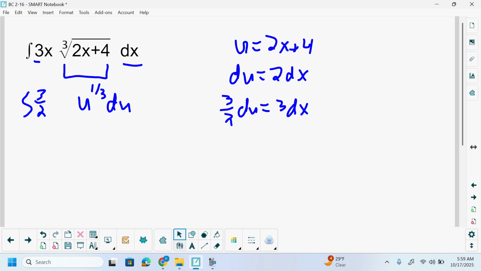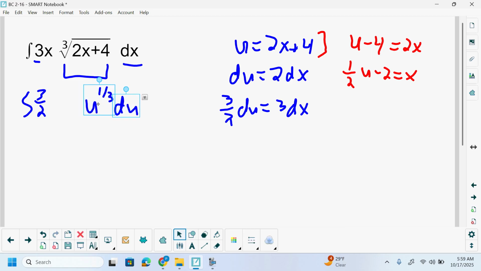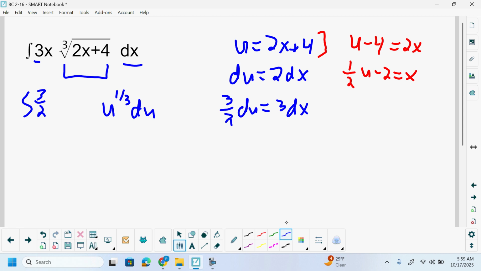So let's go back to the original u equals up here, and we're going to work to get x by itself. So I'm going to start by subtracting the 4 over. So u minus 4 equals 2x. Then I'm going to divide everything by 2. So we get 1/2 u minus 2 equals x. So that's what we are going to replace our x with.